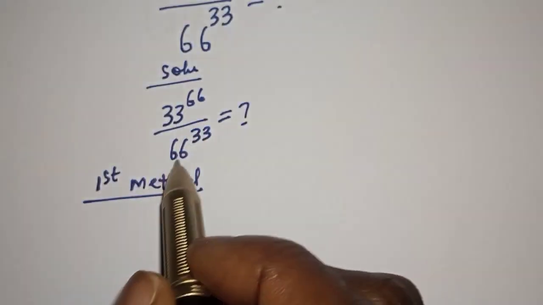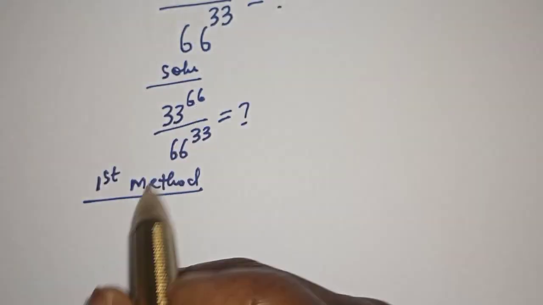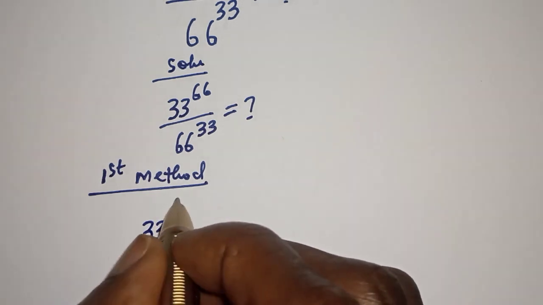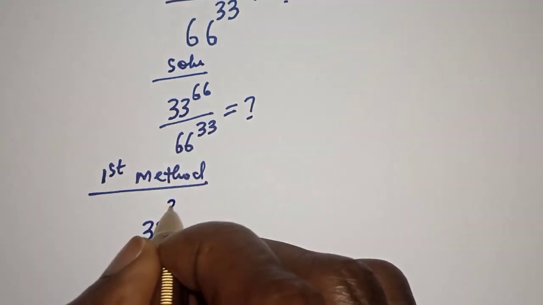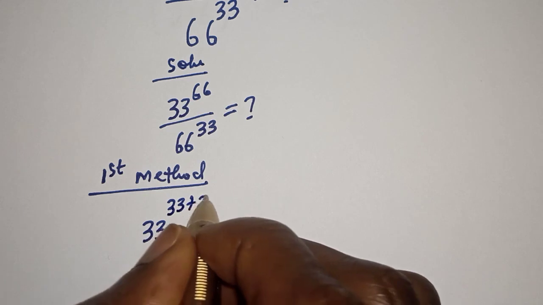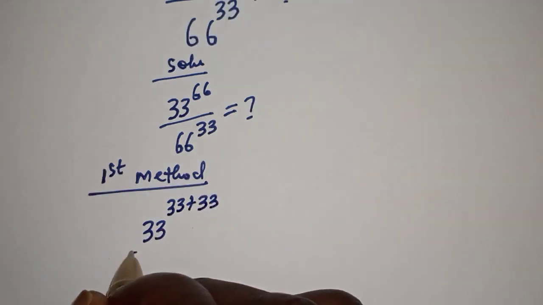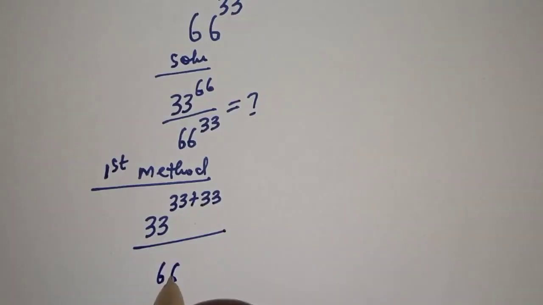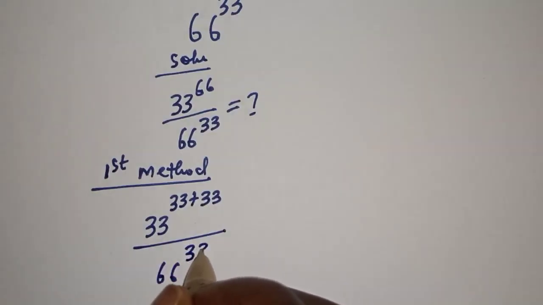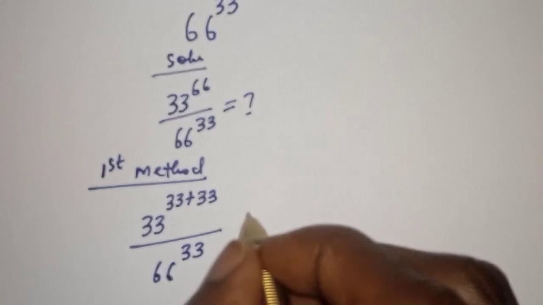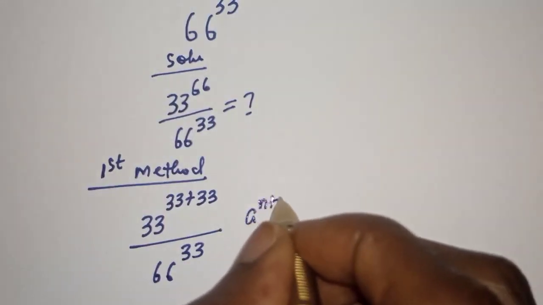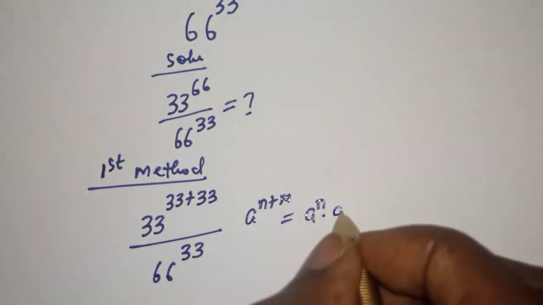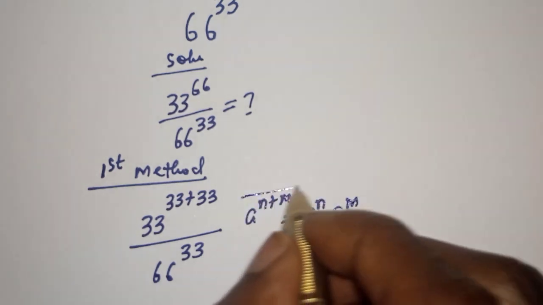With the first method, 33 raised to power 66 can be written as 33 raised to power 33 plus 33, divided by 66 raised to power 33. If you have a raised to power n plus m, this is equal to a raised to power n multiplied by a raised to power m.